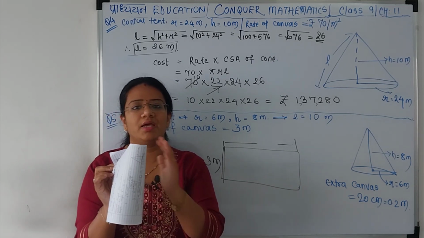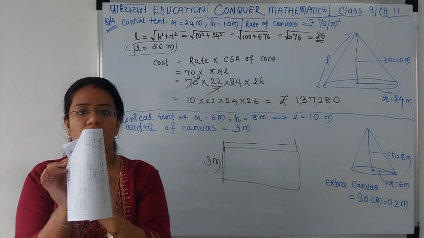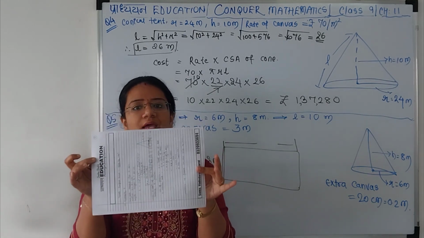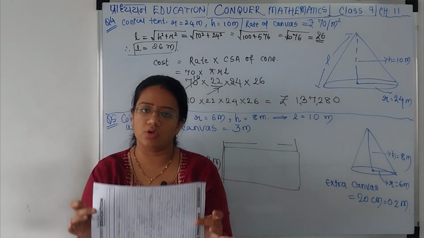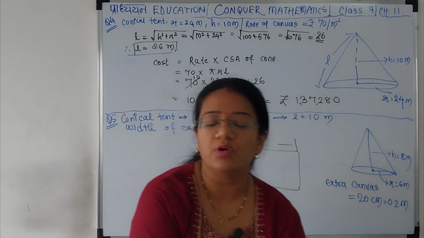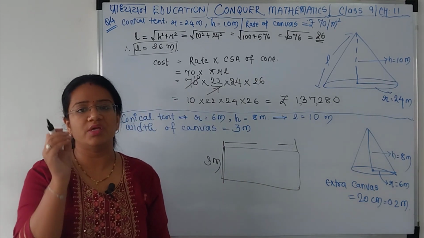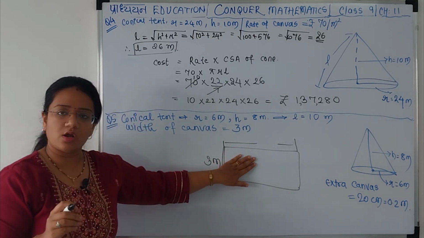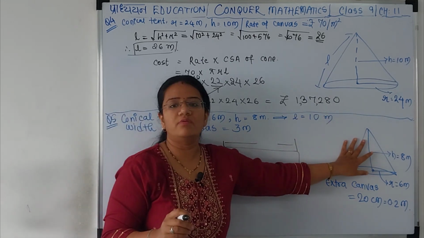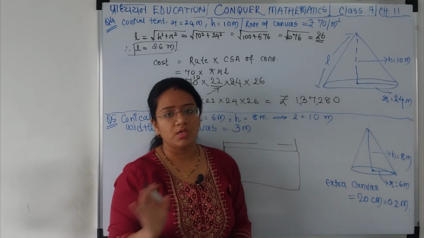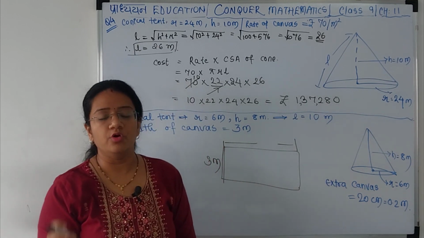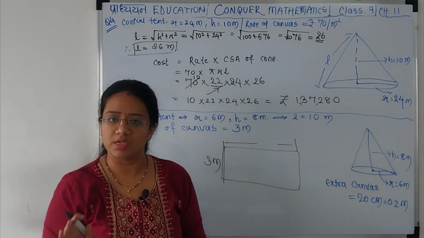If you have made a cone, then its curved surface area will be the same as the area of this cloth, correct? So basically what we are going to do is equate the area of the cloth to the curved surface area of the cone. Clear? That is all we have to do. We will get the length of the cloth required.